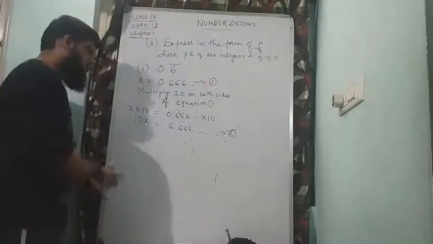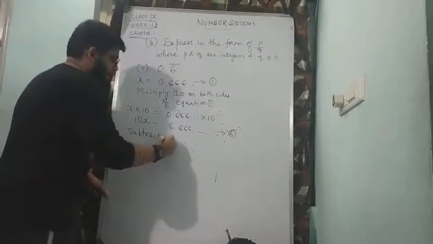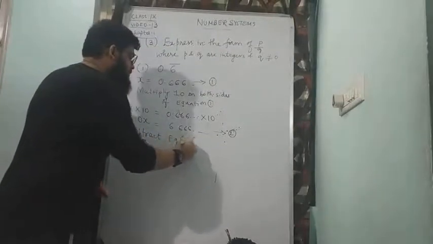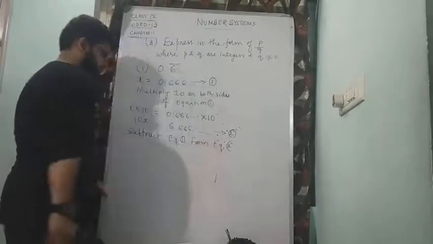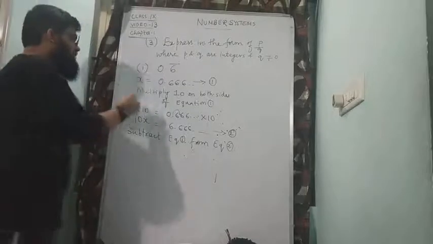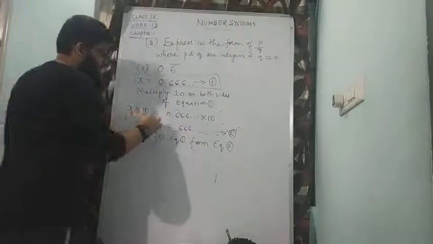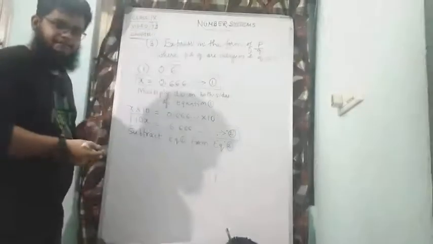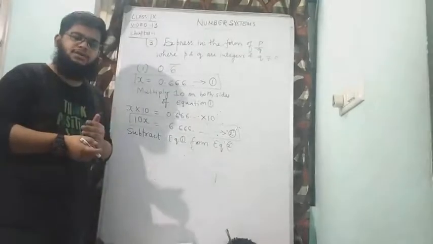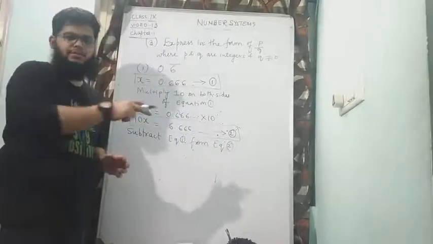Now I tell you, subtract equation 1 from equation 2. I should subtract this first equation from this second equation. And how to subtract it? Whenever we subtract two equations, we should subtract left side with left side, right side with right side.